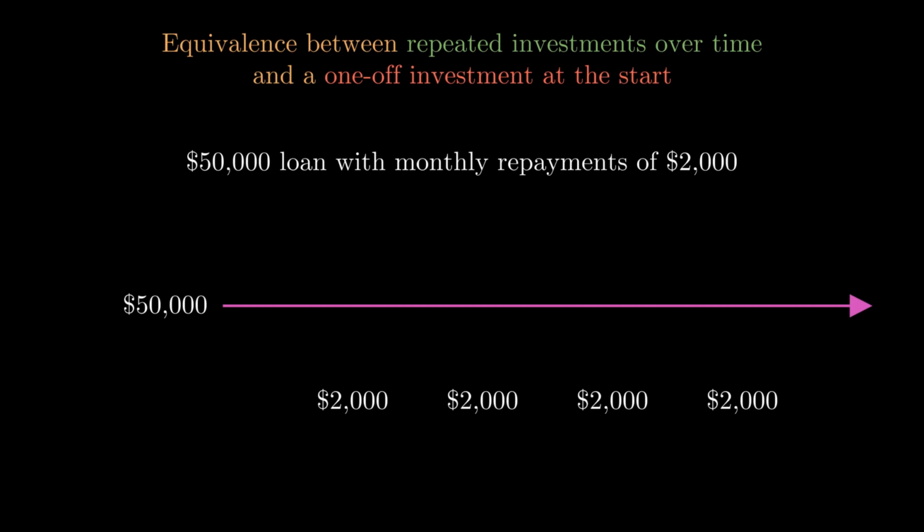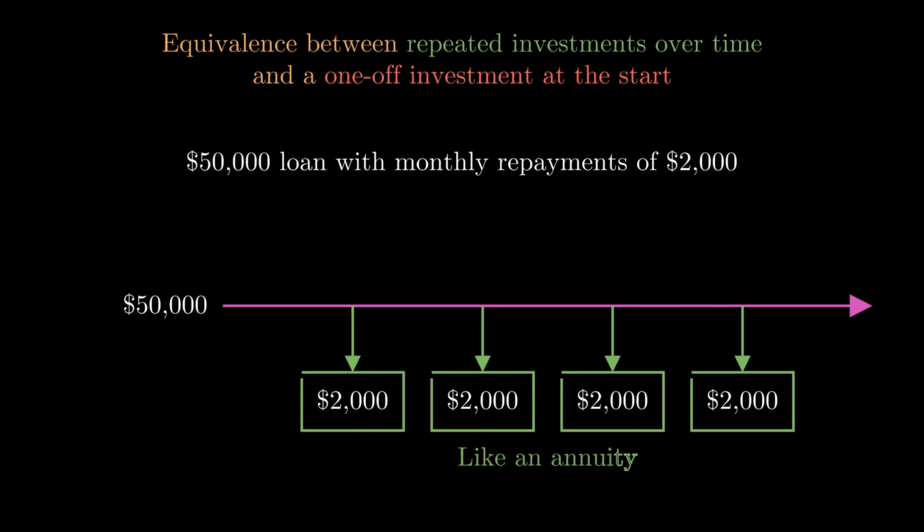But the monthly repayments of $2,000 are happening over and over again throughout the course of the loan. And not only does that repeatedly subtract from the loan, but I shouldn't need to pay interest on all the money that I repay, so each contribution of $2,000 is also going to compound in my favor. So that means these repeated contributions of $2,000 behave just like an annuity.